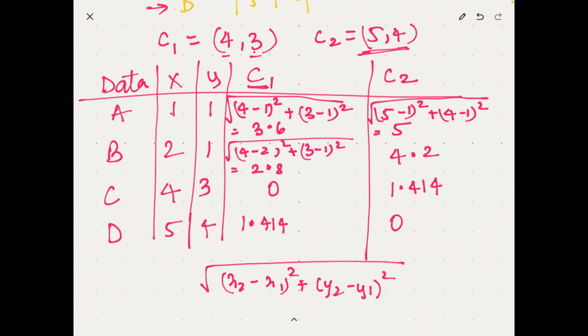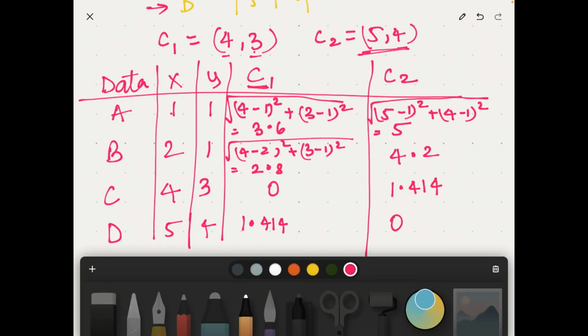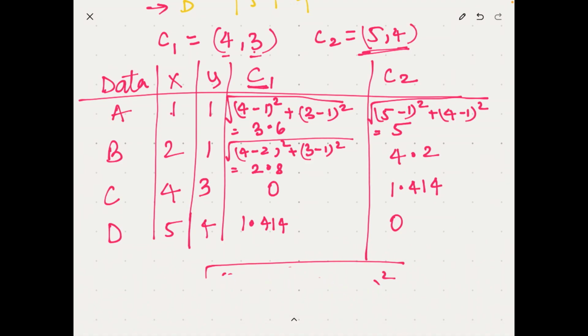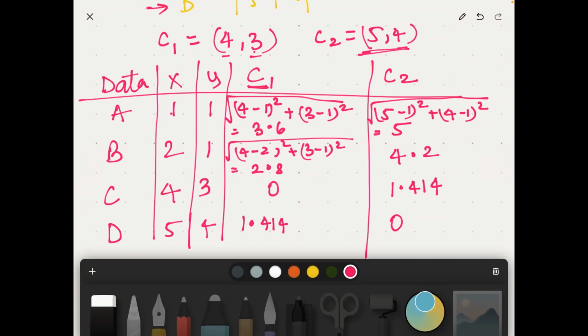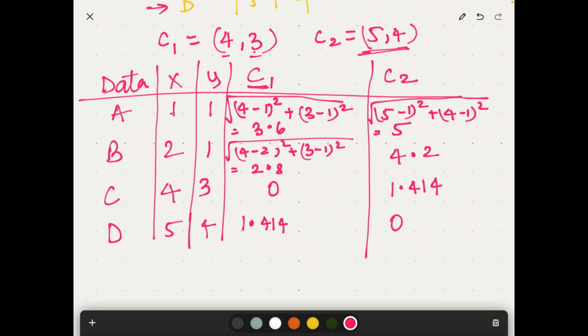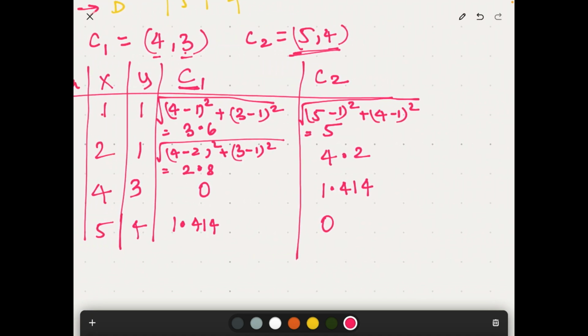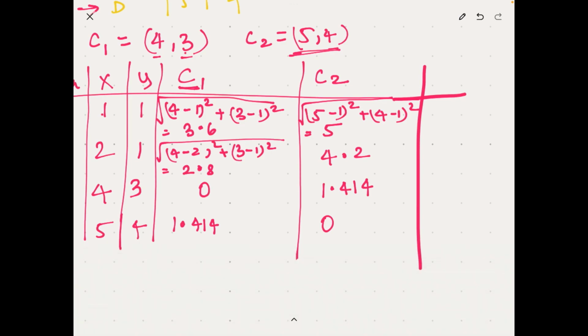Once we have received the values, we have to check which one is the closest to the centroid that we have decided. We have to finally find the cluster. We have to put each point in some cluster. Here the value is 3.6 and here it is 5. 3.6 is smaller than 5, so this is going to go in cluster 1.